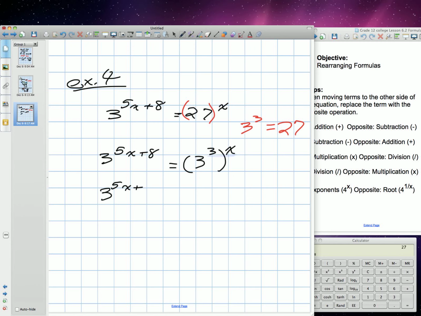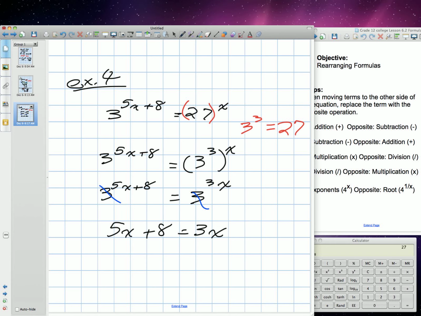Now that we've done that, just like in the previous question, we're going to drop our bases. So the 3 and the 3 are going to go away. We're going to drop the base. I thought that was funny. 5x plus 8 is equal to 3x. Okay? Now we can work with this like a linear equation. I'm going to move 5x to the right side of the equation.